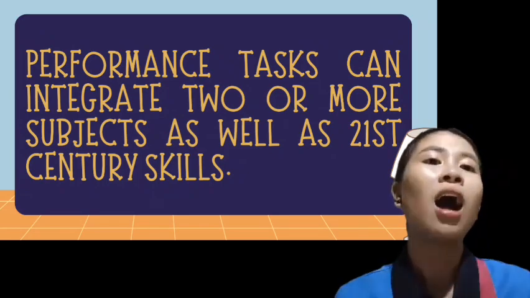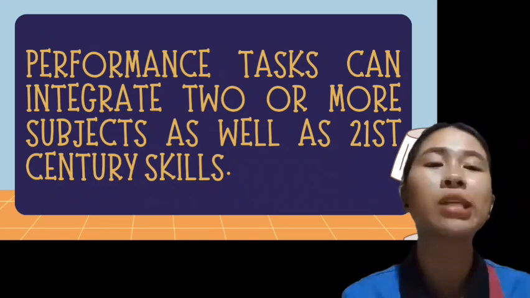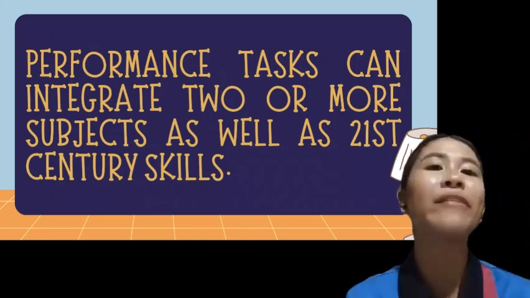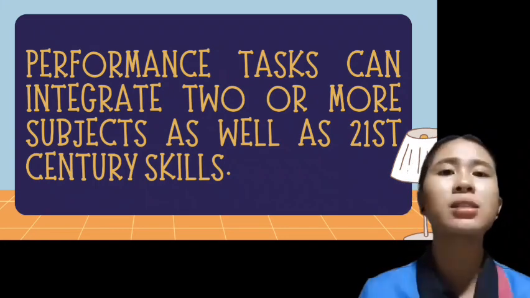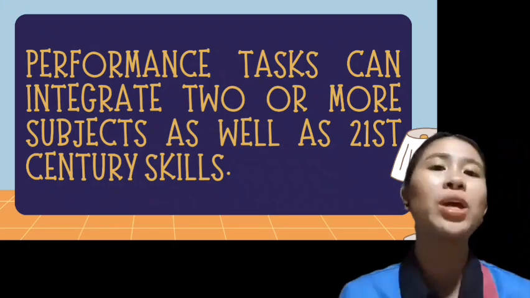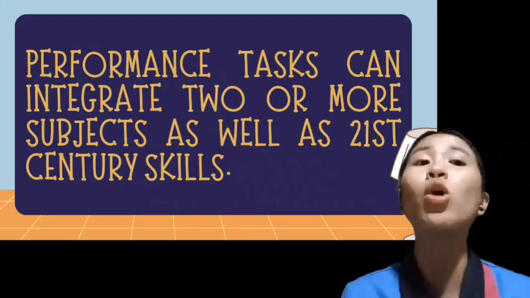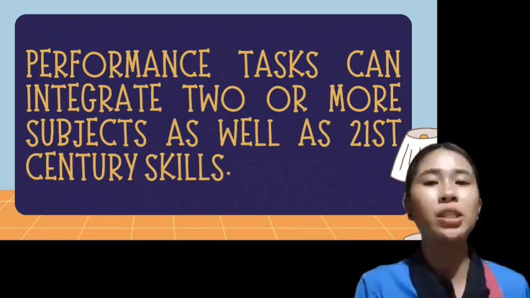Performance tasks are flexible and can be designed to integrate two or more subjects as well as 21st century skills. By combining multiple subjects and skills, performance tasks provide individuals with opportunities to develop a more holistic and interdisciplinary understanding of the material.